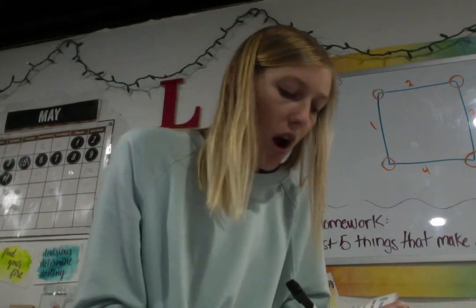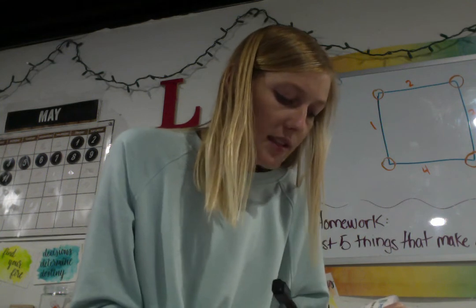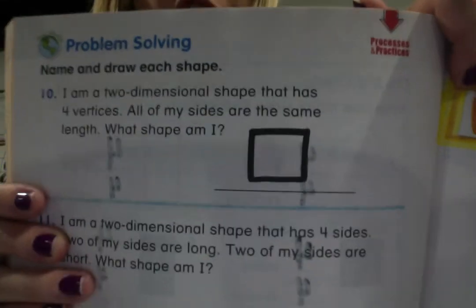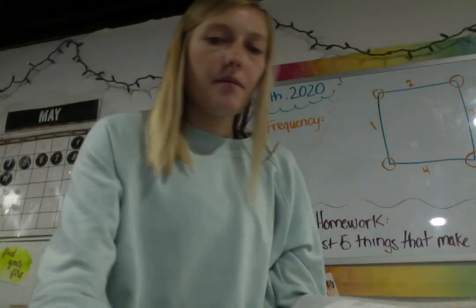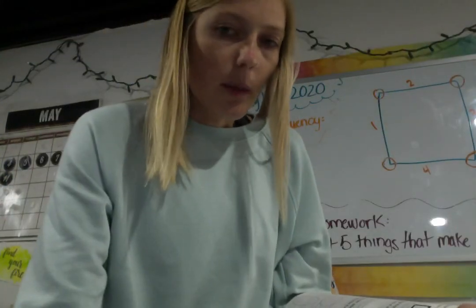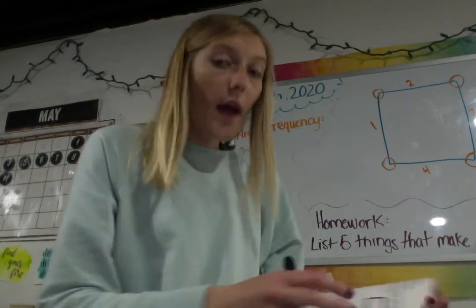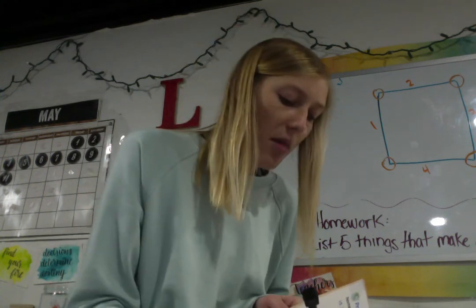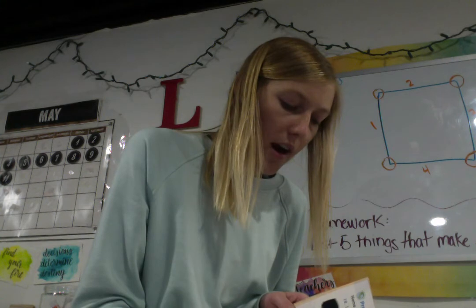So I'm going to draw 4 lines that are all the same length and have 4 vertices. What shape is that? Mariah, what shape is that? A square. It can only be a square if all of the sides are the same length, and they are. So we are going to write square.